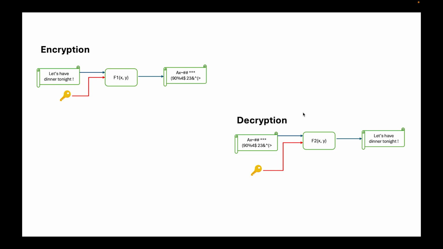But the key is something which is unique between the sender and receiver. That's why whenever you have any kind of encryption decryption scenario, you always start with generating a pair of keys. Why a pair? Because one should reside with the sender, another one should reside with the receiver. So this solves the message privacy problem.